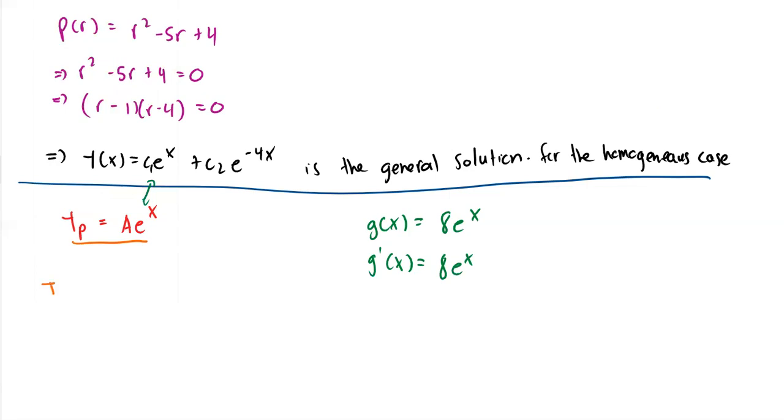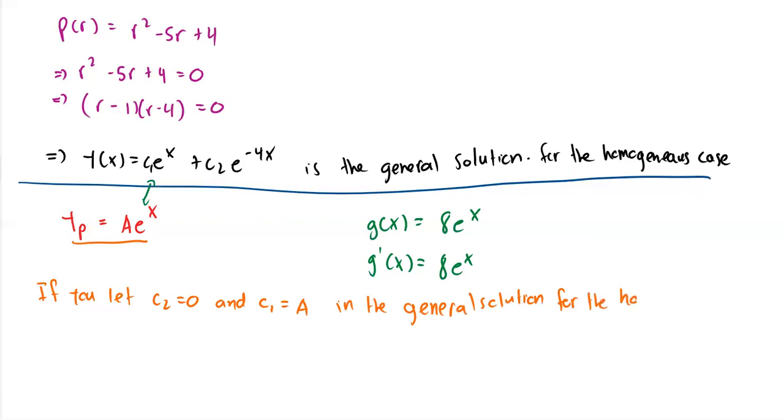For example, if you let C2 be equal to 0 and C1 be equal to A, in the general solution for the homogeneous case, well, then you see that y sub p is a solution to the homogeneous case.